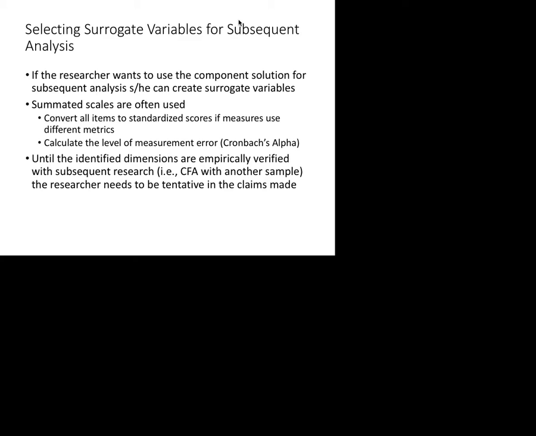Let's just spend a few minutes here. If you want to use your solution for subsequent analysis, you have to create surrogate variables that combine together the variables that load together from your analysis.